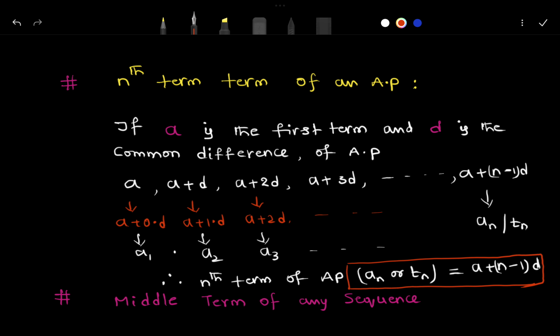What is n in this? n is a natural number, so n is 1, 2, 3 and so on.